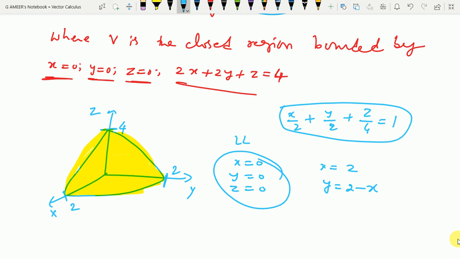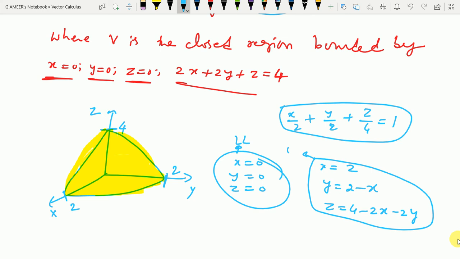Then z will be from 0 to 4 minus 2x minus 2y. This is the way of calculating this. I hope it is clear to you. These are the lower and upper limits of that integration.